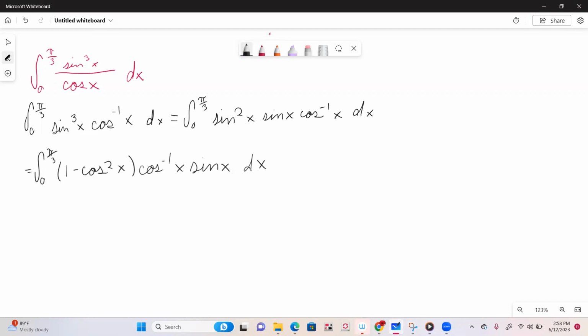So let's do that. Our u is going to be cosine x. And now when we take the derivative of this, which is going to be our du, because that's what the symbol is here for, it's going to be negative sine x dx.